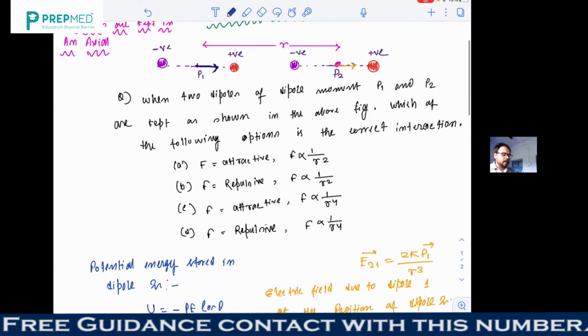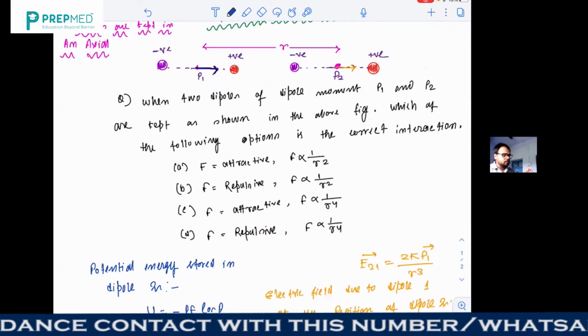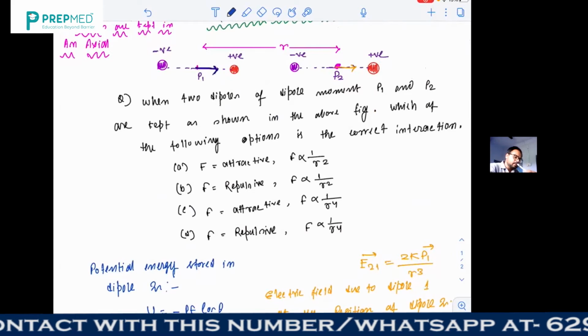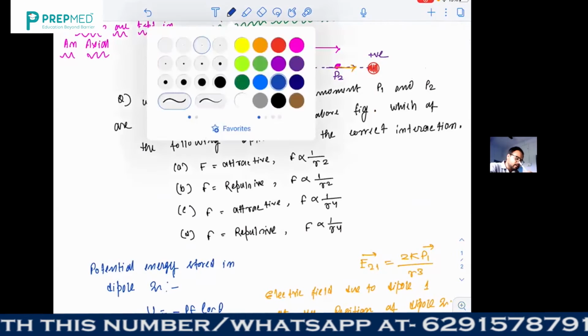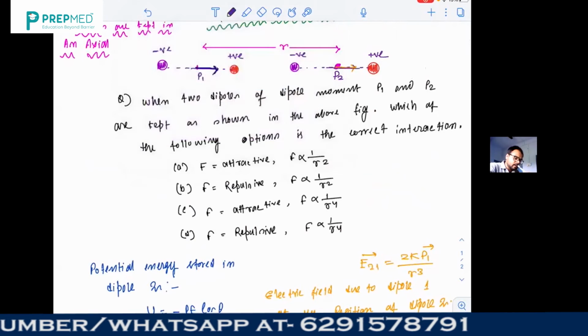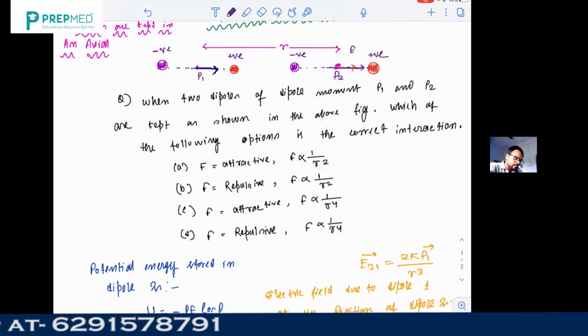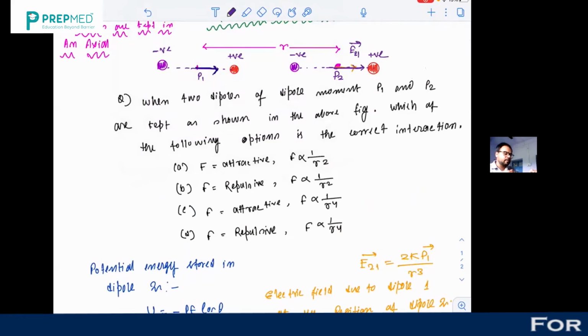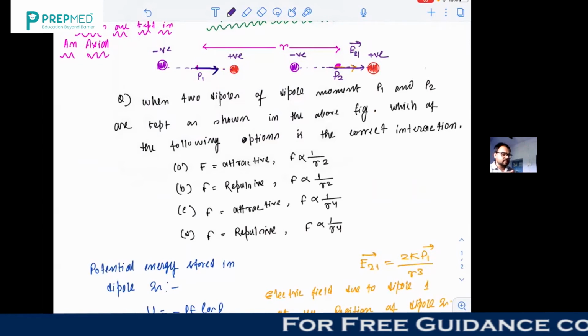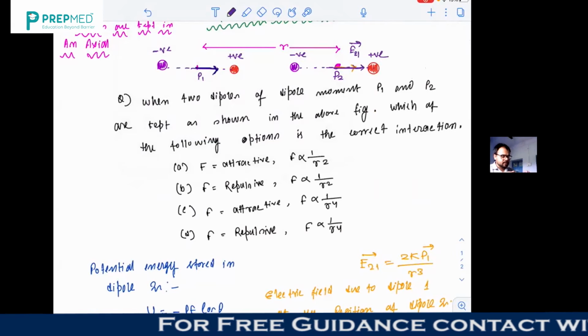And what is the angle between the dipole moment P2 and E21? E21 is also along the direction of P2. Because of dipole moment P1, the electric field that I've calculated at the point of P2 will be in the same direction, that is the positive x-axis direction, and P2 is already in the positive x-axis direction.